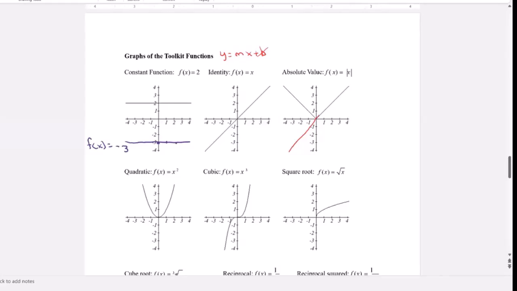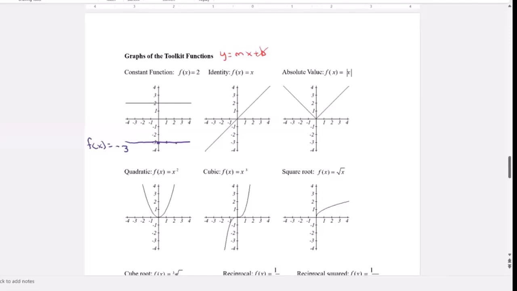And all the negative parts, all this part right here, basically flips up across the x-axis because all these values can't be negative, they have to be positive. We can see that if we flipped it up, it would go along that line. Okay, so that's why it looks like a V.